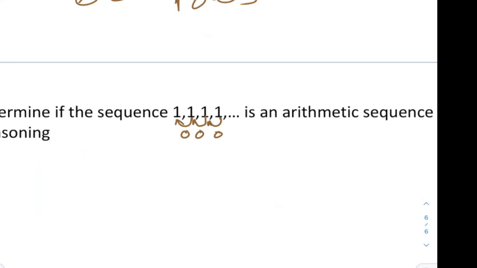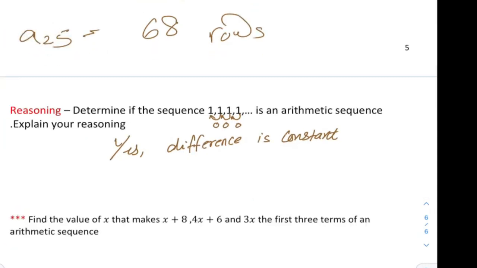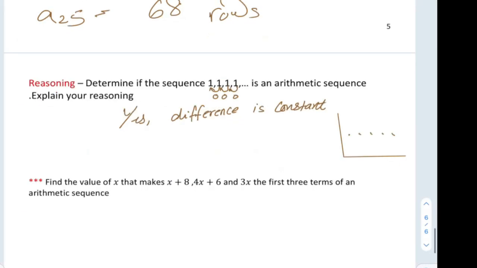So according to the definition, yes, it is, because the difference is constant. If you try to plot it, it will be a linear function, but constant at one: first term, second term, third term. So it's a horizontal line.